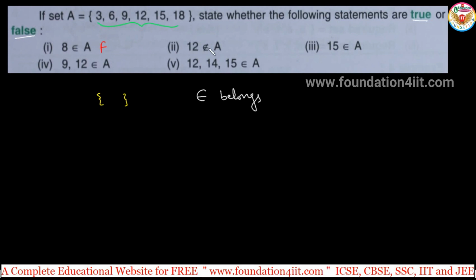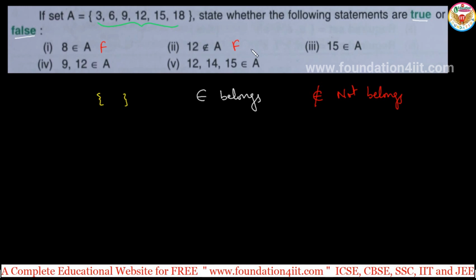And 12 does not belong to A: this is the belongs symbol, and if we put a cross on it, this is not belongs to. You can use the sentence 12 does not belong to set A. 12 is already in set A, so this statement is false.